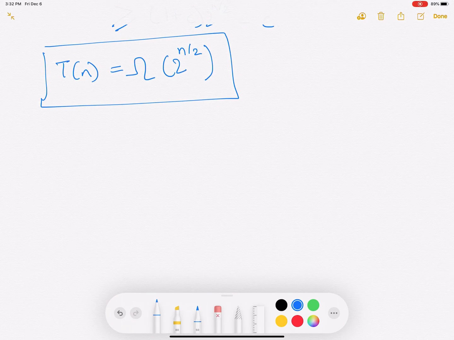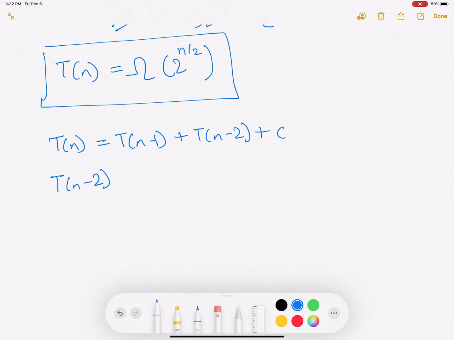So once again, we can consider Tn to be Tn minus 1 plus Tn minus 2 plus c. Now we can consider the opposite direction, that is Tn minus 2 is always less than or equal to Tn minus 1. And using that, we can write Tn less than or equal to 2 Tn minus 1 plus c.